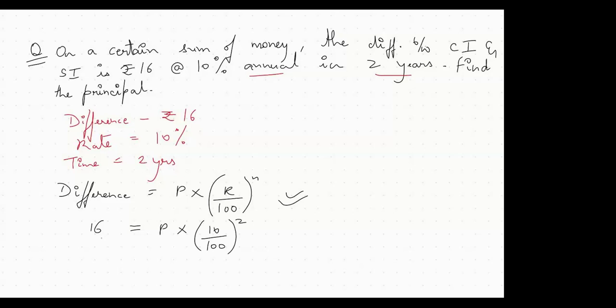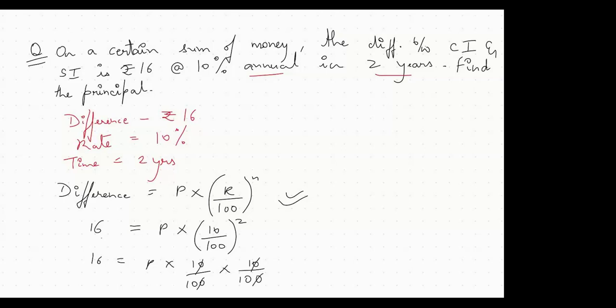First we will open it. That is 16 equals p into, because raised to the power 2, let's open, 10 upon 100 into 10 upon 100. Cancel all the zeros. So I have 1 by 100.